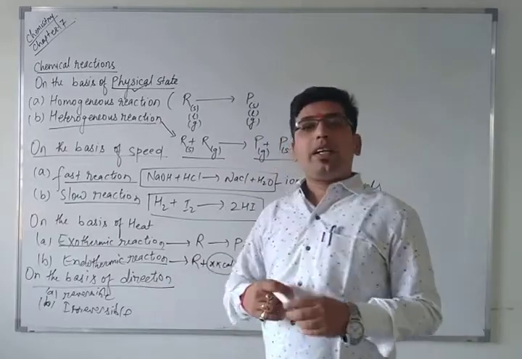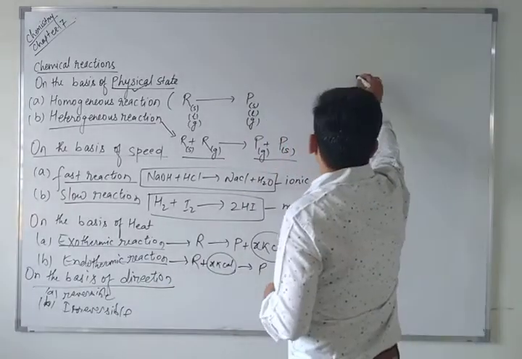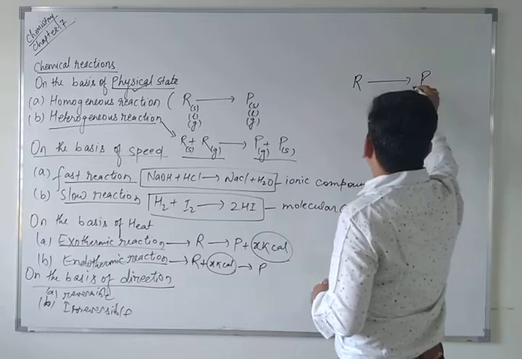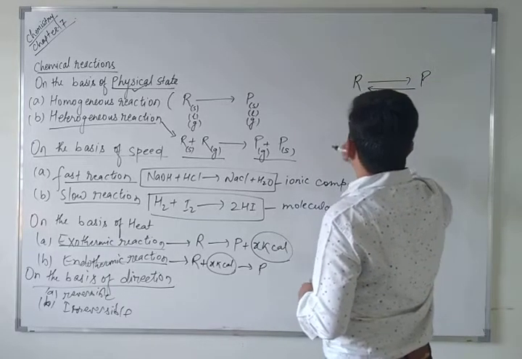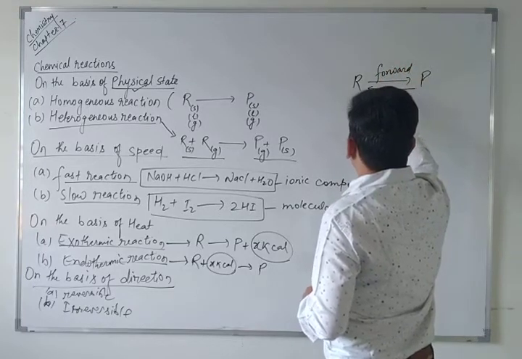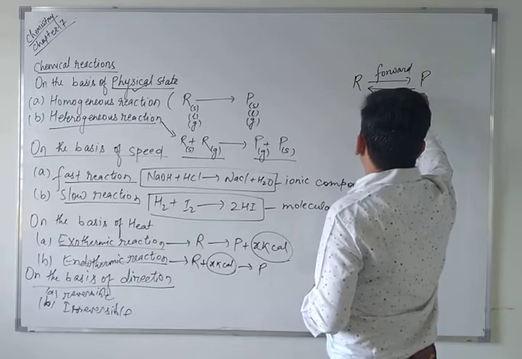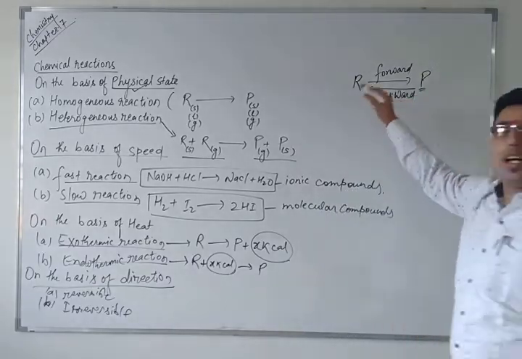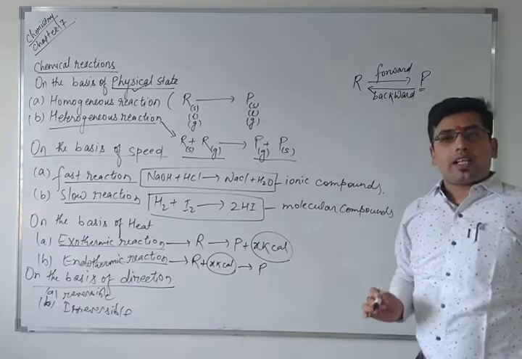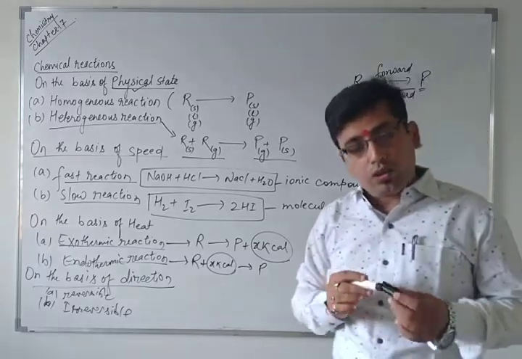In the reversible reactions, the reactant can be converted into the product, and this product can also be converted back into the reactant. This is called the forward reaction and this is called the backward reaction. Means the product is not 100% formed completely, because it is a reversible reaction. It can come back again into the reactant.